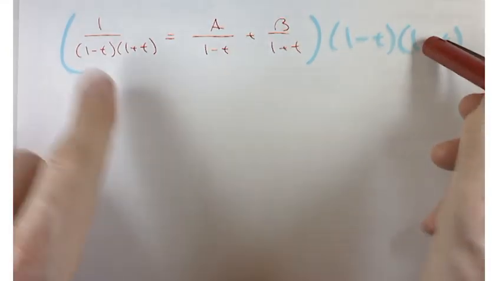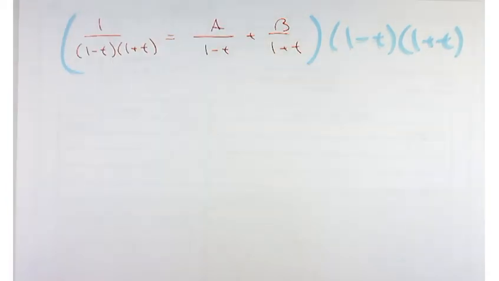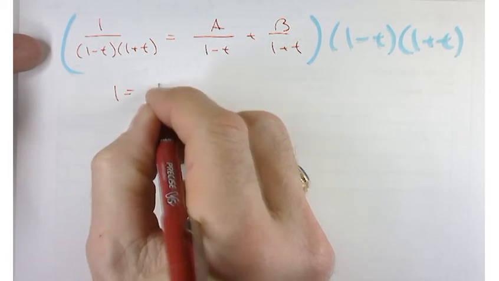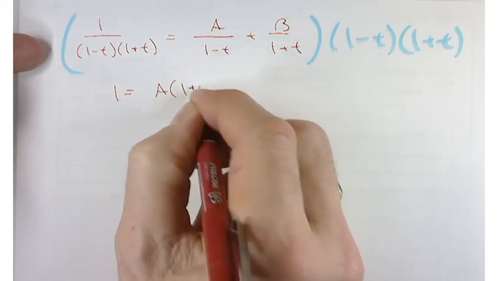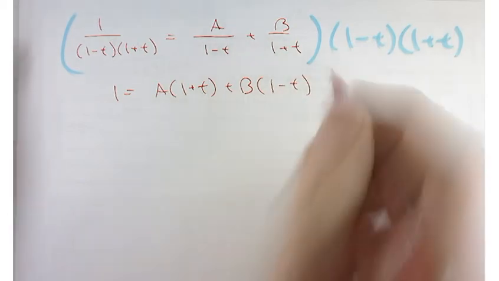When I do that, what's going to be left in the numerator? Yeah, 1 equals A times (1 plus t) plus B times (1 minus t).